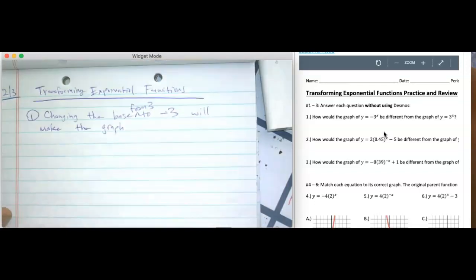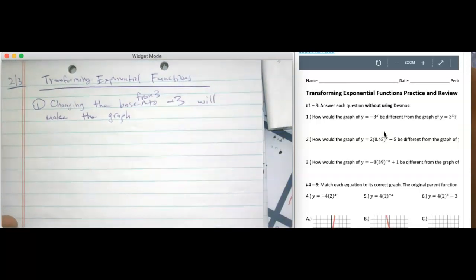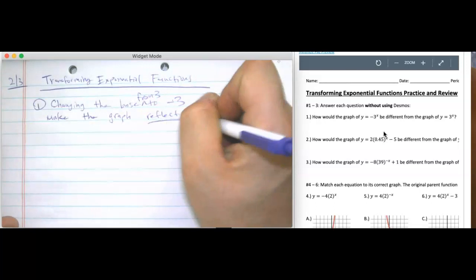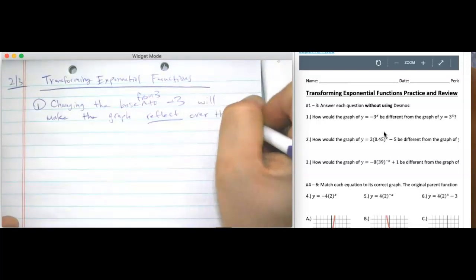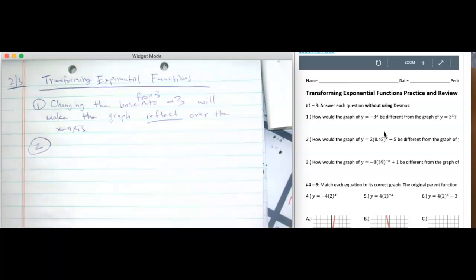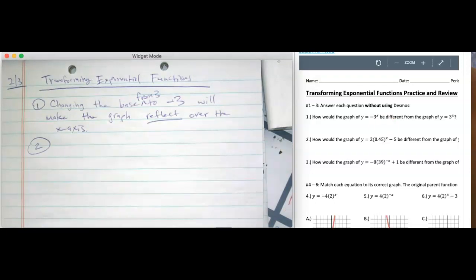That is a reflection over the x-axis. We'll make the graph reflect over the x-axis, okay? And again, if you go back to Desmos, you can verify that. If you go into Desmos and just graph these two things, you can also verify that.